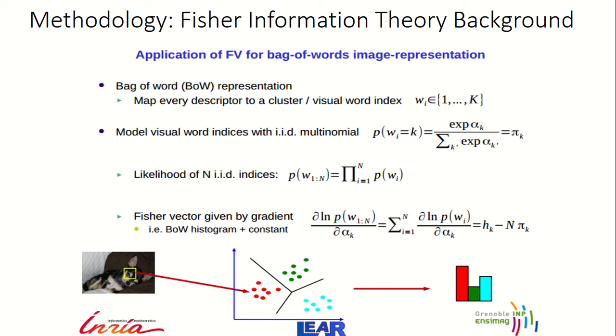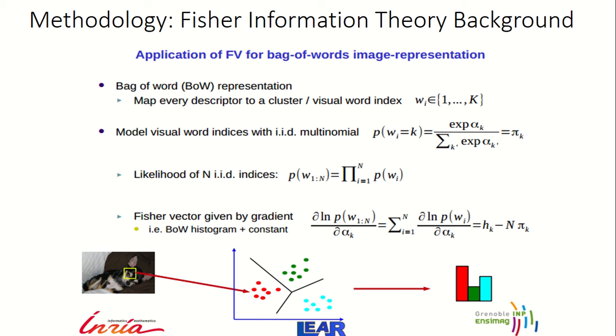So there is a close relationship between the idea of bag of visual words and Fisher vectors. If we just assume a multinomial distribution, they become equivalent. If we assume more powerful generative models, then the representational power of the Fisher vector becomes more powerful than the bag of visual word method.